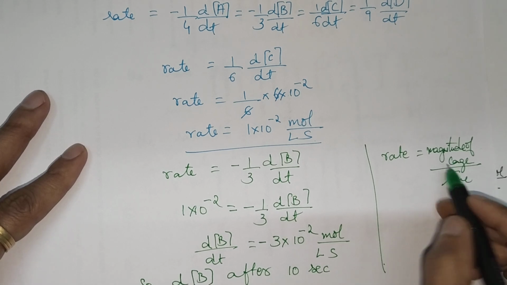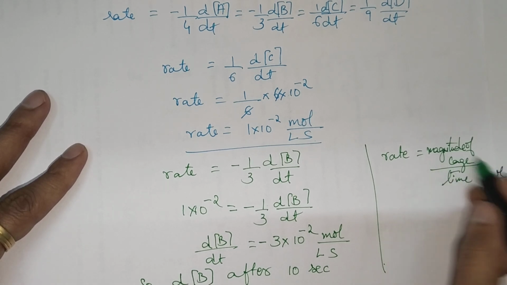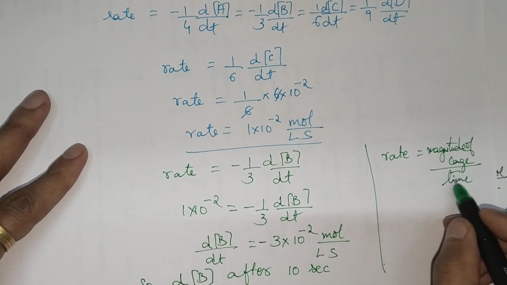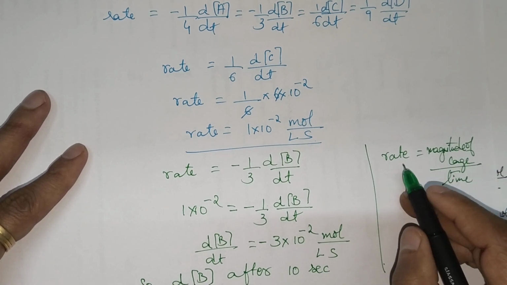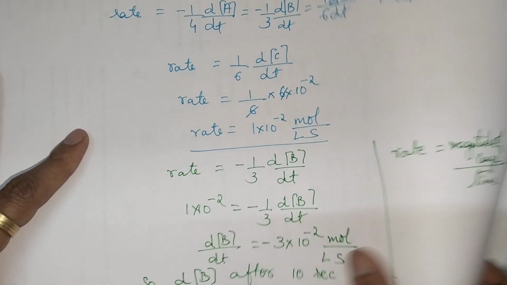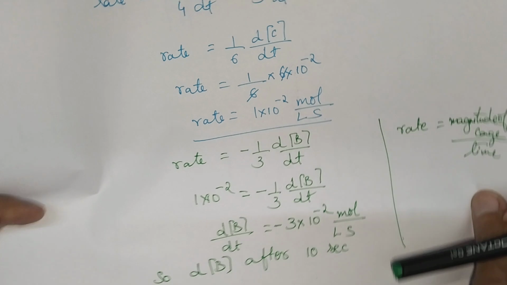So we want to find out the magnitude of change, that is the concentration. What is the change in concentration? So we shift time towards rate. Here time is 10 seconds.